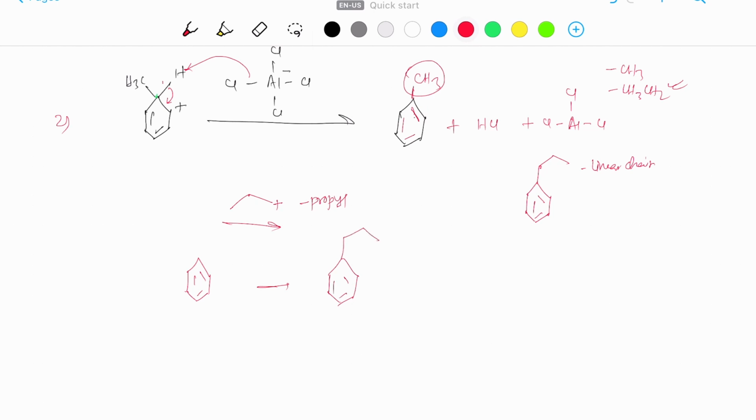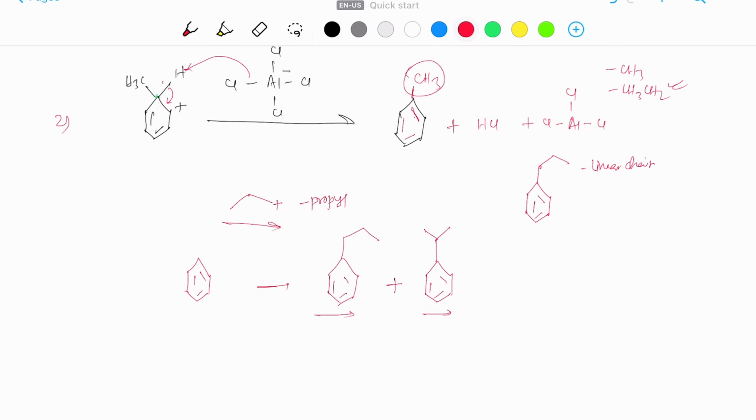But in reality, another product also forms, which looks like this. Now, the yield in the lab in this particular case will be very low for this linear product. But you will also form some of this.